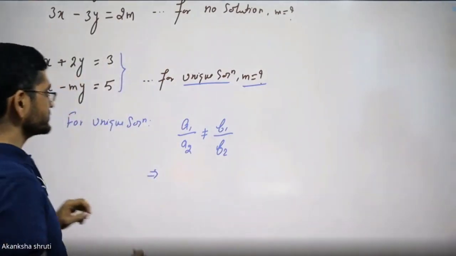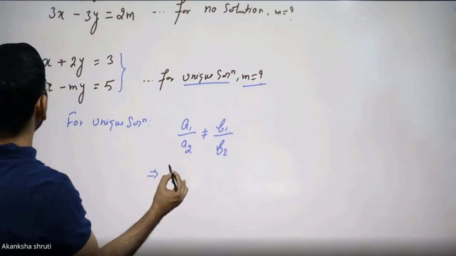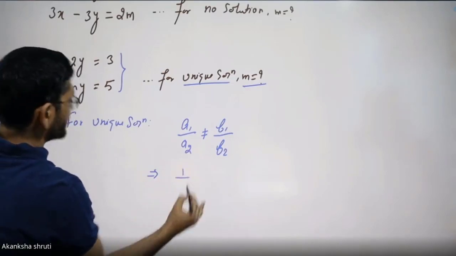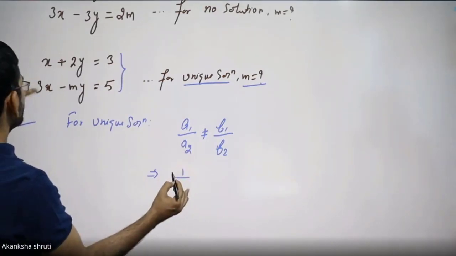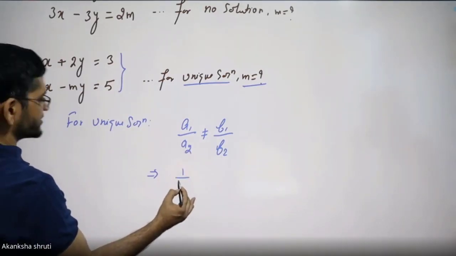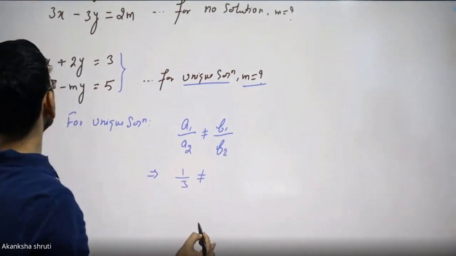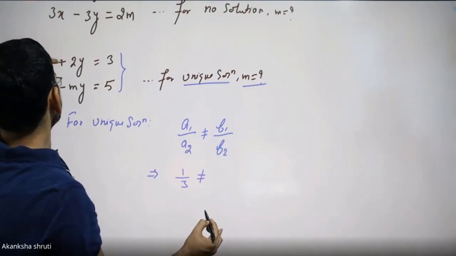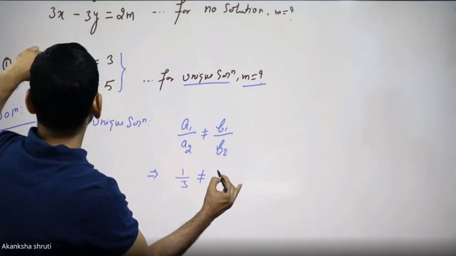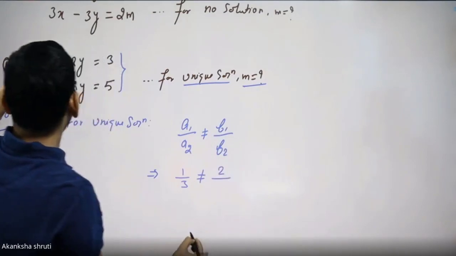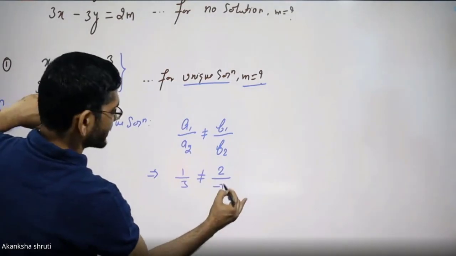Okay. So students, our A1 for the first equation, the coefficient of x, is 1. For A2, the coefficient of x from the second equation, it is 3. This should not be equals to, from the first equation, the coefficient of y gives B1, it is 2, and the coefficient of y from the second equation, minus m.